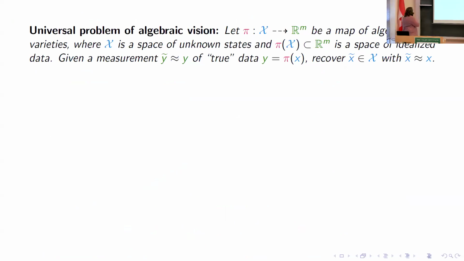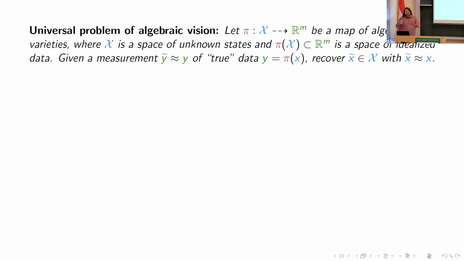Okay, so here's maybe a bit of a cheeky take on algebraic vision. I claim that all the interesting problems, at least in the scope of this talk, are going to be formulated as follows. I have a map from an algebraic variety X, which represents the space of unknown states. That map is called pi, and could be a rational map, onto a space of parameters, like in Paul's talk earlier. And what we're given is a measurement of some true data, which is actually the image of this map.